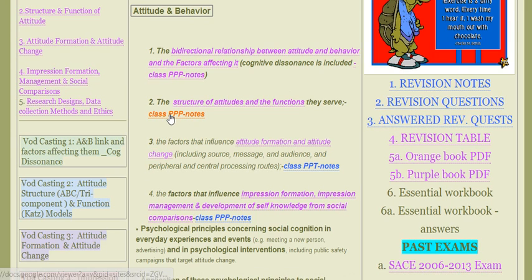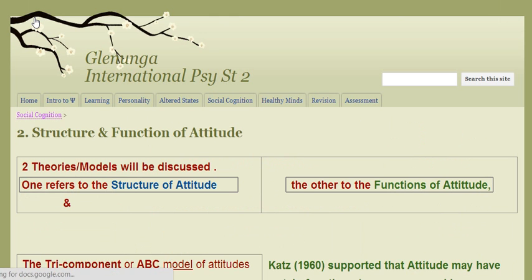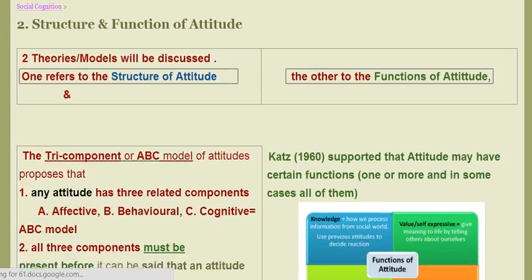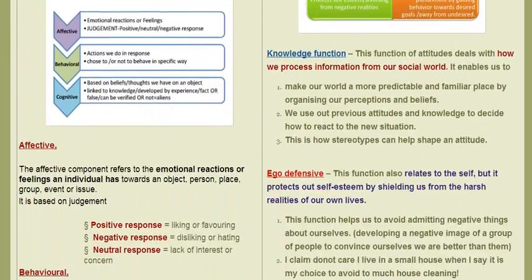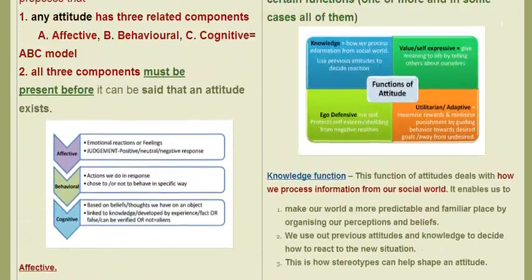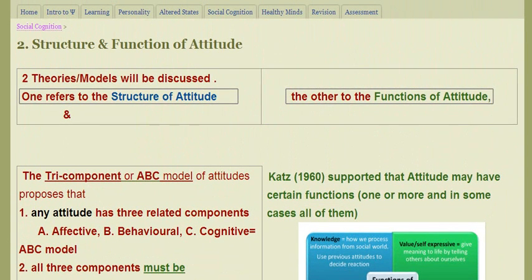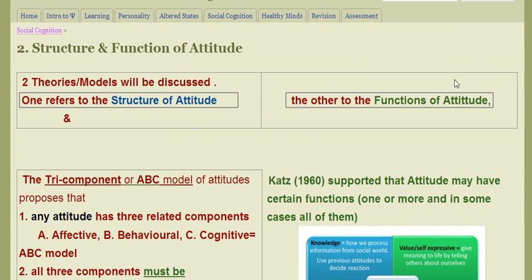You can have the class PowerPoints here or there, and again this site is where you can find all the material we need on the models or theories related to the structure and function of attitude.